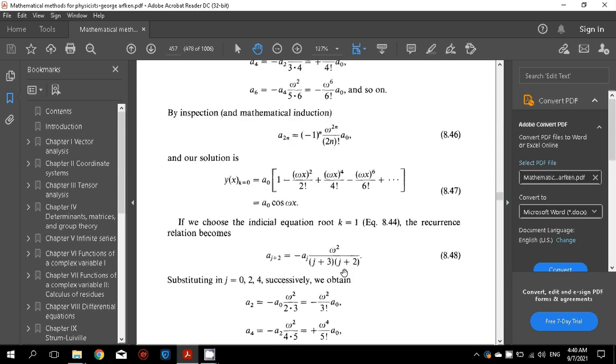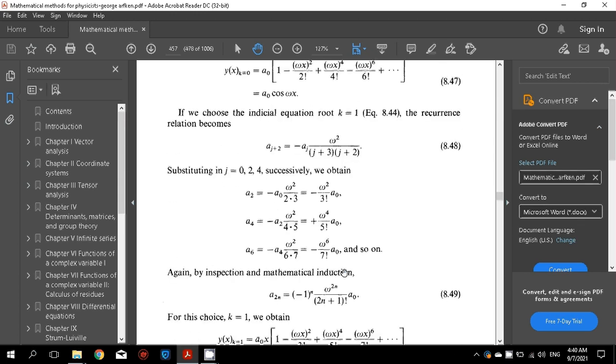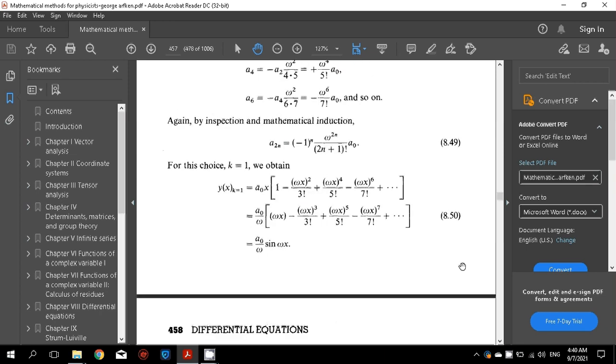Similarly, when you put k is equal to 1, you will end up with the recurrence relation here 8.48, which will furnish the coefficients A2, A4, A6 and so on, and which you can generally write like this.